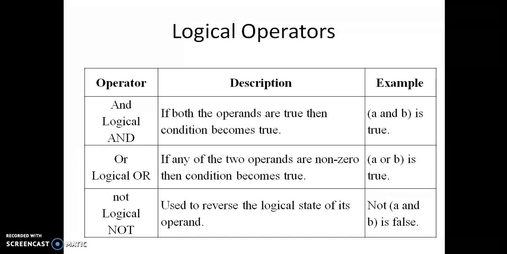If any one of them is false, then the total statement is false. For A or B, if any one of the two conditions is true, then the total statement is true. Otherwise, if both A and B are false, then the total condition is false. Not reverses the given value to the other value. If the given value is true, it converts it into false. If it is false, it converts it into true.